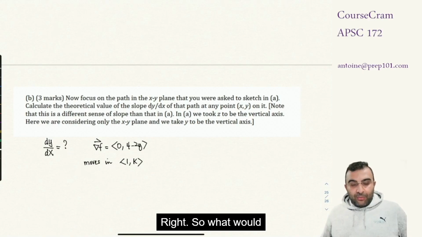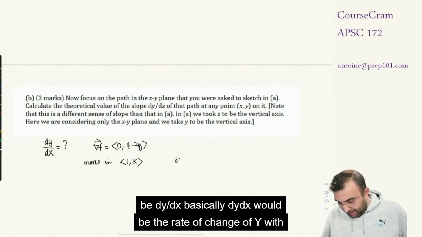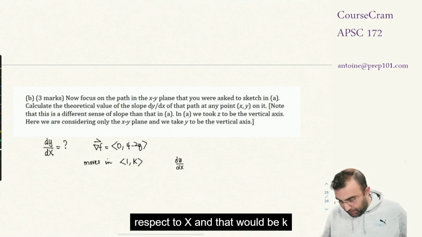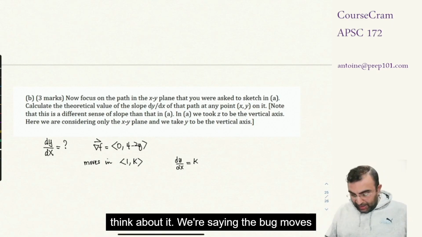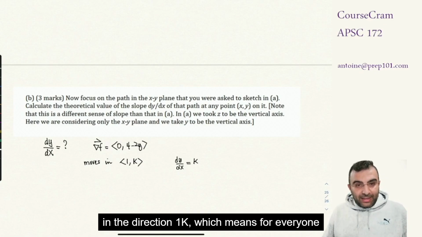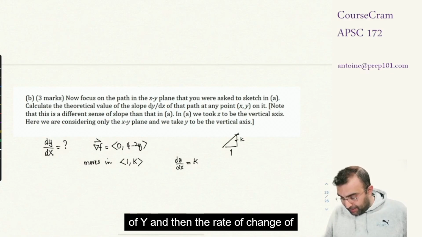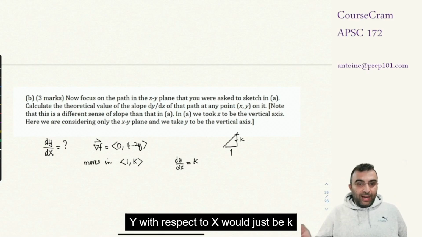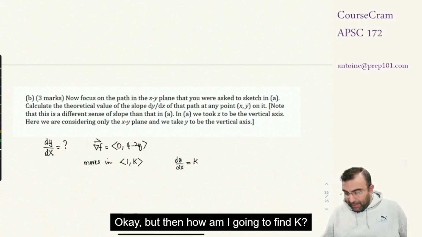So what would be dy/dx? Basically, dy/dx would be the rate of change of y with respect to x, and that would be k. Think about it. We're saying the bug moves in the direction ⟨1, k⟩, which means for every 1 unit of x, there will be k units of y, and then the rate of change of y with respect to x would just be k. Okay, but then how am I going to find k?